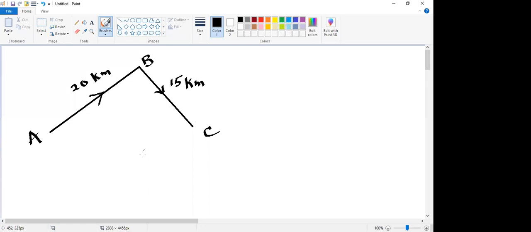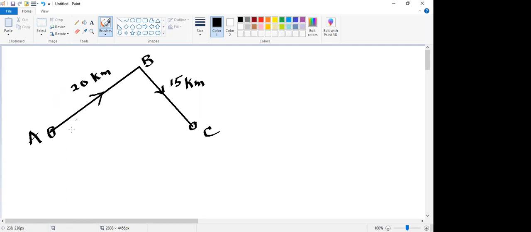However, we notice from these positions that from A to C, the direct distance is not 35 kilometers. A person who has moved from A to point B to point C has moved a distance of 35 kilometers.